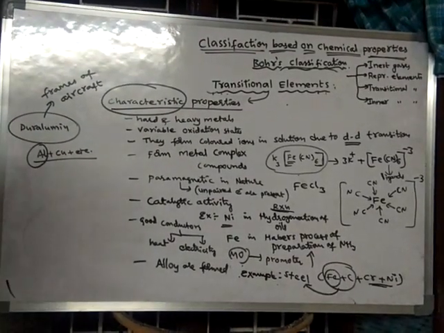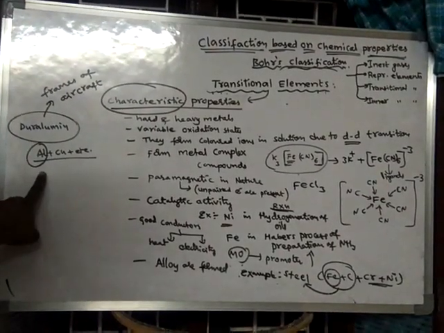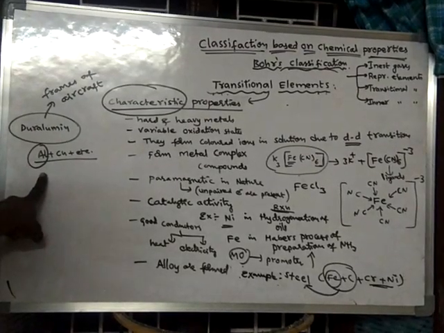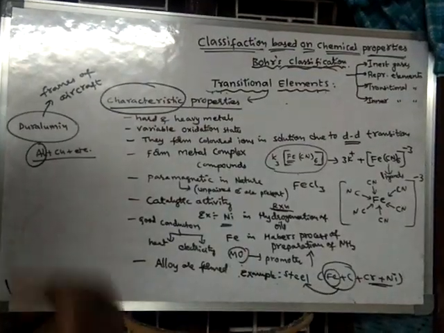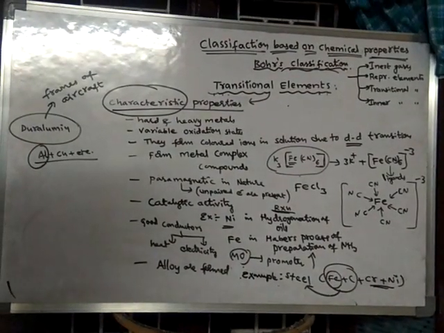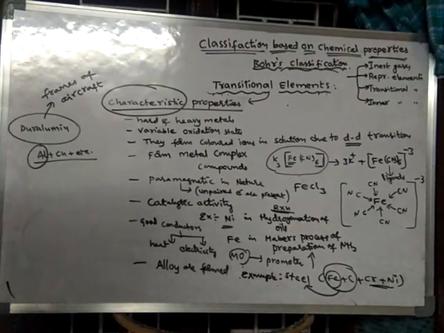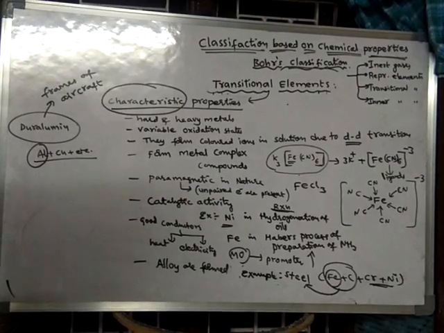If the frame of an aircraft is made of only aluminum, no doubt aluminum is a light metal, but it is not a strong metal. So when the aircraft takes off, sometimes it may collapse or break down and cause a disaster. It may be damaged, or else it may be dangerous.